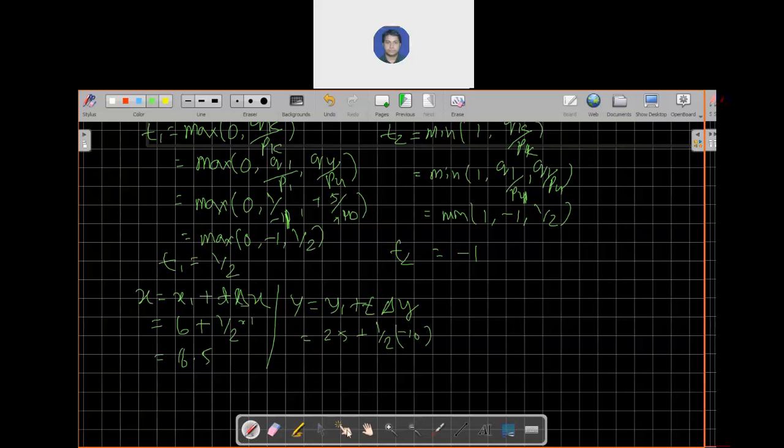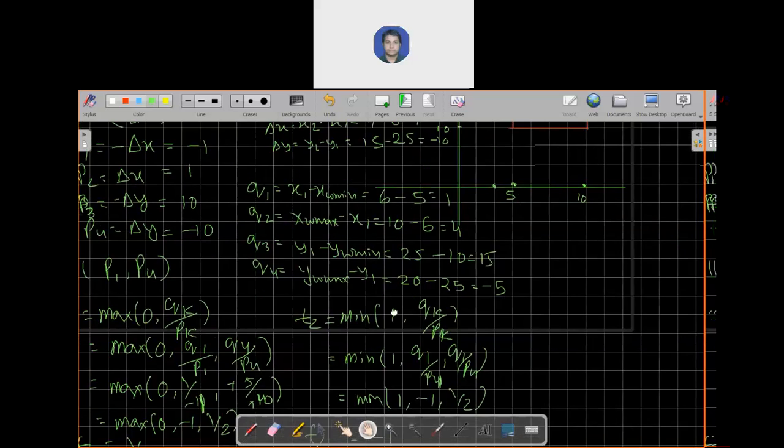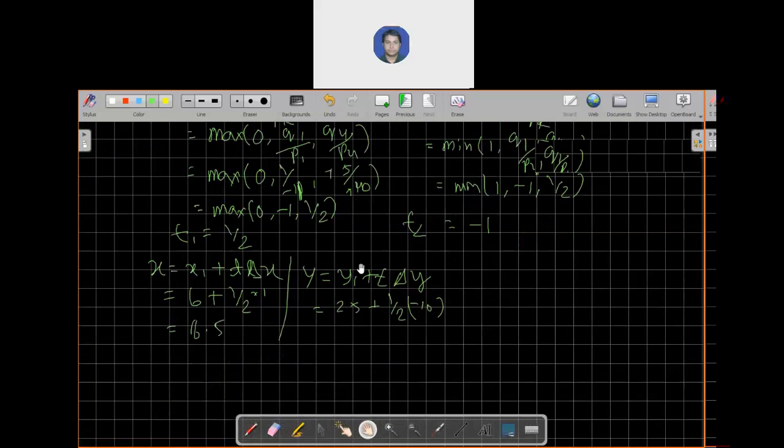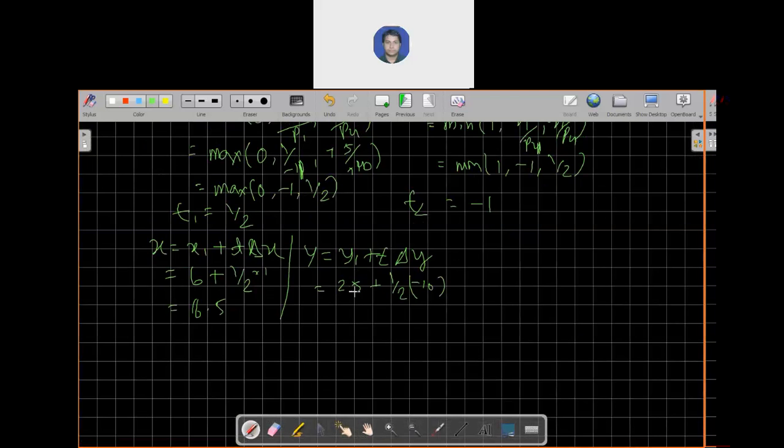Let's check, yes, it is minus 10. So 25 minus 5 is 20. So the first intersect point x, y equals 6.5, 20.